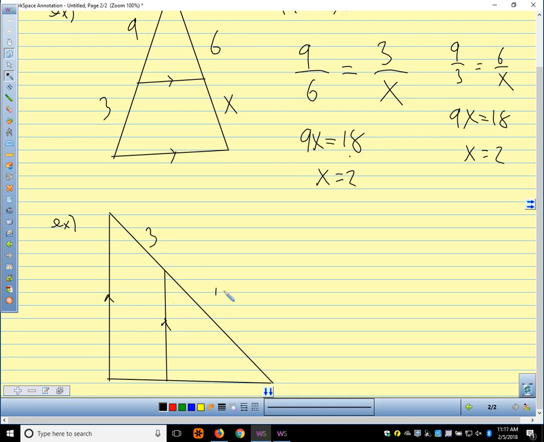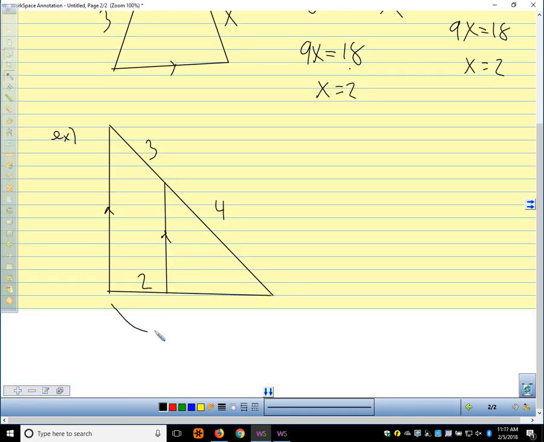I'm going to call this 3 and this 4 and this 2. And for this one, I'm going to call this whole side x. And we want to find x. We have these segments parallel, so we can use the side splitter theorem. So we need to set up a proportion. We know the sides are divided proportionally.